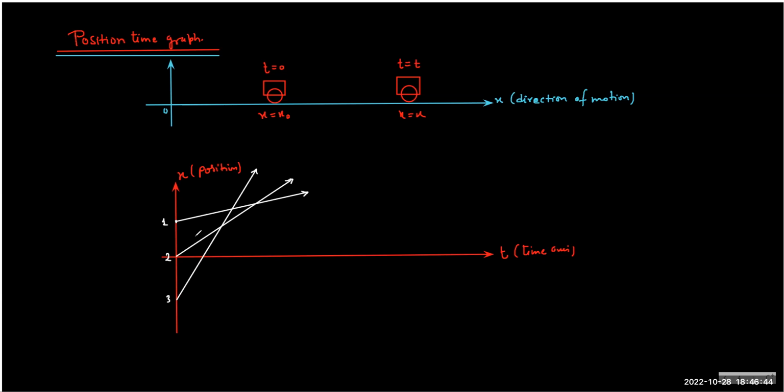Our running will start in the positive x direction, so you are going to run towards the positive x-axis. But at the very beginning, you can see all are not starting at the same position. So who is ahead of all? Can you see the graph and tell me? 1. And who is behind all? 3.